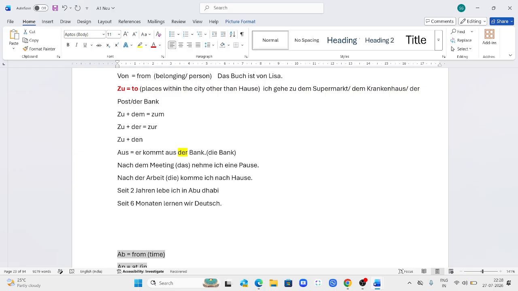Für, ohne, gegen, durch, entlang, bis. Repeat, Leute. Für, ohne, gegen, durch, entlang, and bis.